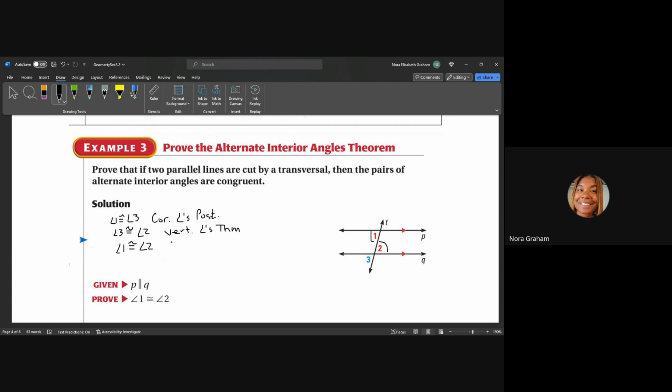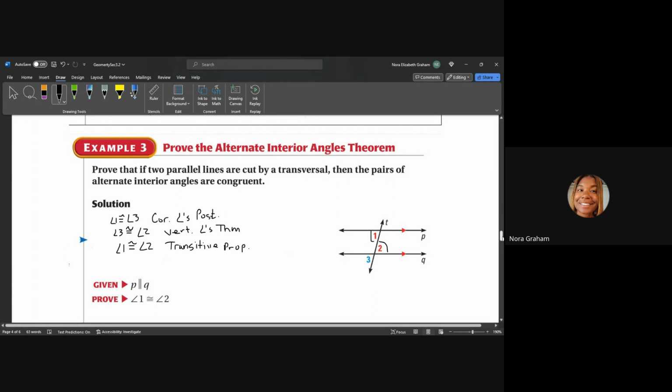So we call that the transitive property. And I'll just abbreviate property. All right. And those are the conclusions about that proof.